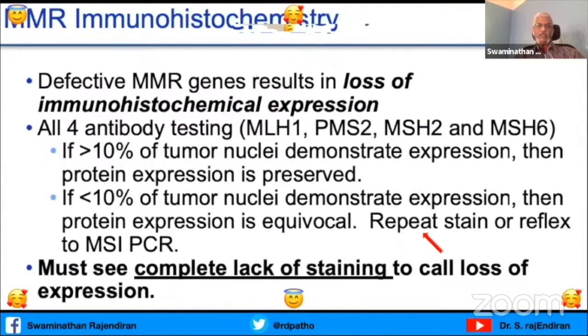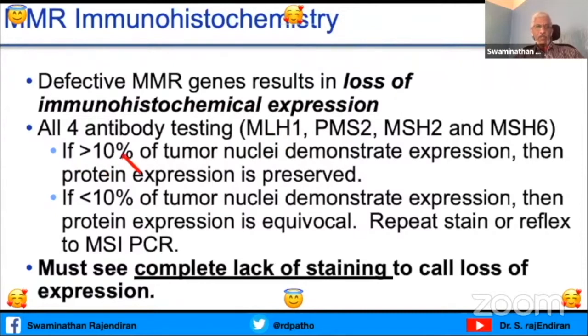So when do you call Lynch syndrome? Loss of immunohistochemistry. This slide talks about immunohistochemistry. Remember, there are 4 members. All of them should be lost by immunohistochemistry. So this is a negative immunohistochemistry that makes it positive. All 4 antibodies should be negative.